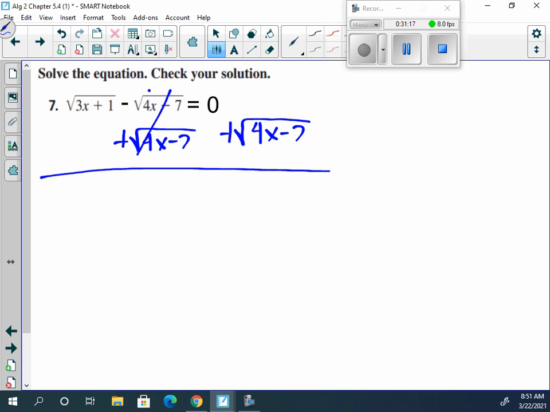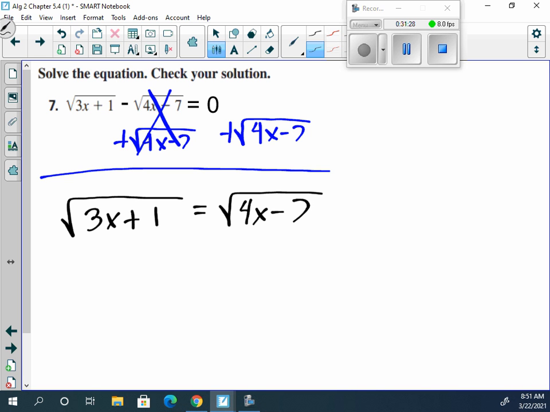Because those will cancel, leaving us with the square root of 3x plus 1 is equal to the square root of 4x minus 7.